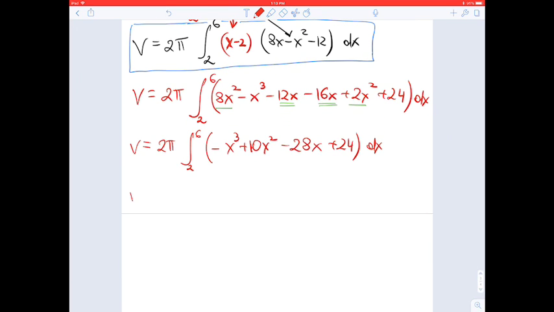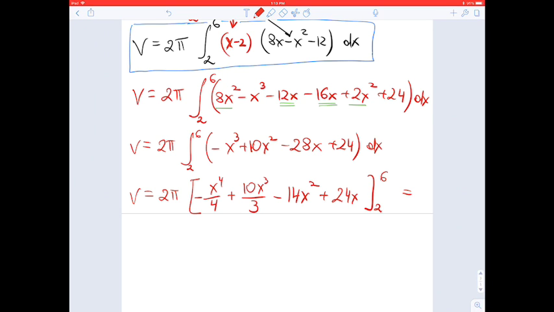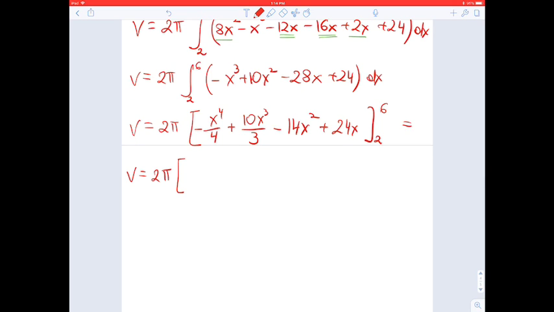Okay, let's integrate. The integral of x cubed is x to the power of 4 over 4, the negative will stay. The integral of x squared is x cubed over 3. The integral of negative 28x is negative 14x squared, and plus 24x. Everything between 2 and 6. Okay, let's start. Let's substitute the upper limit.